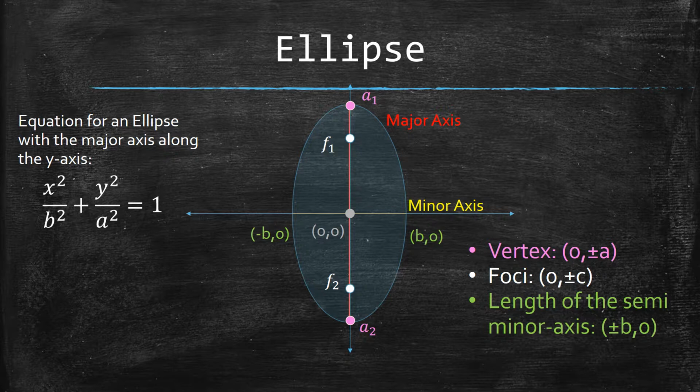If we were only given the equation, we can determine whether the ellipse will be vertical or horizontal by looking at the placement of a in the equation. The length of a will always be greater than the length of b, and since a is under the y term, we can tell that the ellipse will have a greater length along the y-axis.